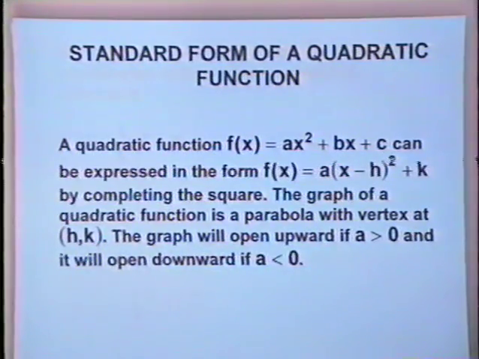The graph of a quadratic function is a parabola with vertex at (h, k). The graph will open upward if a is greater than 0, and it will open downward if a is less than 0. Now, you might recall having looked at basic quadratic functions before.